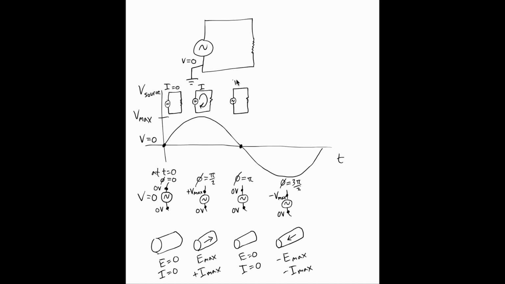Current will return to 0 at a phase of pi. And then when we get to the phase of 3 pi over 2, interestingly, the current reverses direction. This is an oscillating or alternating current, constantly switching back and forth in its direction.